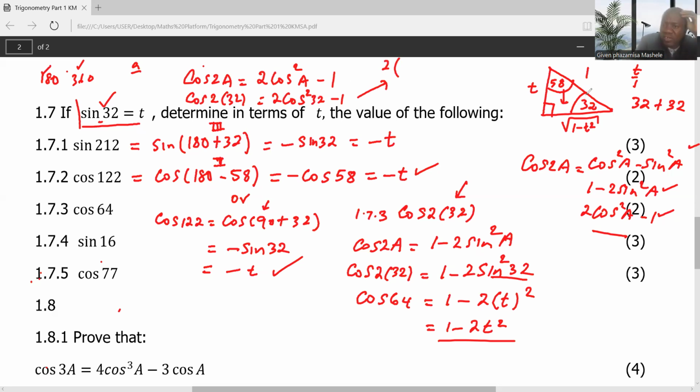Cos 32 is adjacent over hypotenuse, so this will be the root of 1 minus t squared, divided by 1, all squared because there's a square here, then minus 1. Once you square the root expression, the root sign will be out. So we remain with 2 into 1 minus t squared, minus 1. Let's expand by multiplying by 2: 2 minus 2t squared minus 1. What is 2 minus 1? This gives us 1 minus 2t squared. Still the same answer.